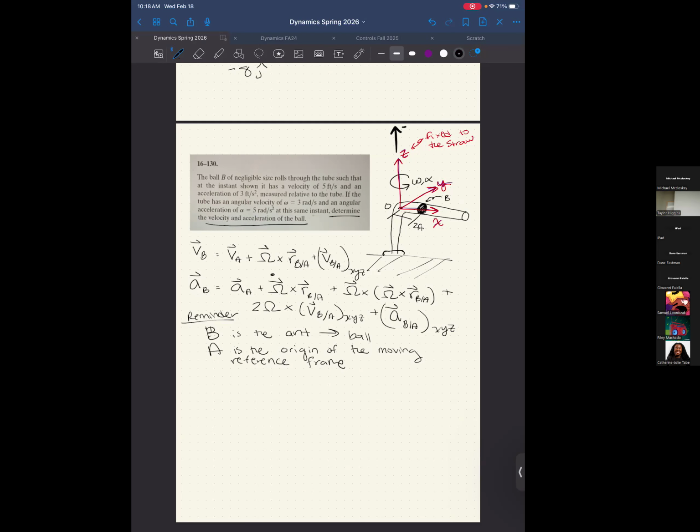Okay, so this will be big Z, big Y, big X, and it will be at that same origin. Okay, so now let's go item by item and we'll start with velocity.